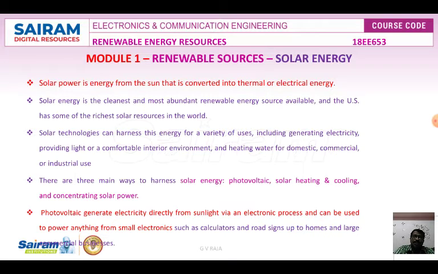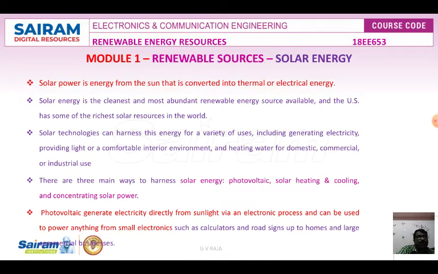Solar technologies can harness the energy for a variety of uses. There are three main ways to harness solar energy: photovoltaic, solar heating and cooling, and concentrating solar power. What we generate from photovoltaic is nothing but solar cells.